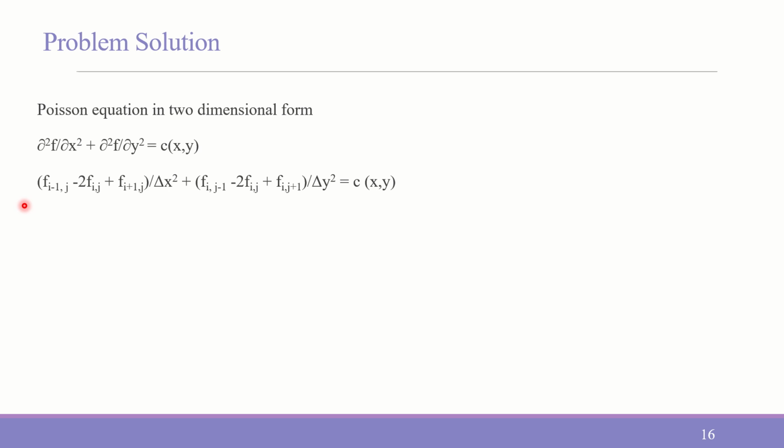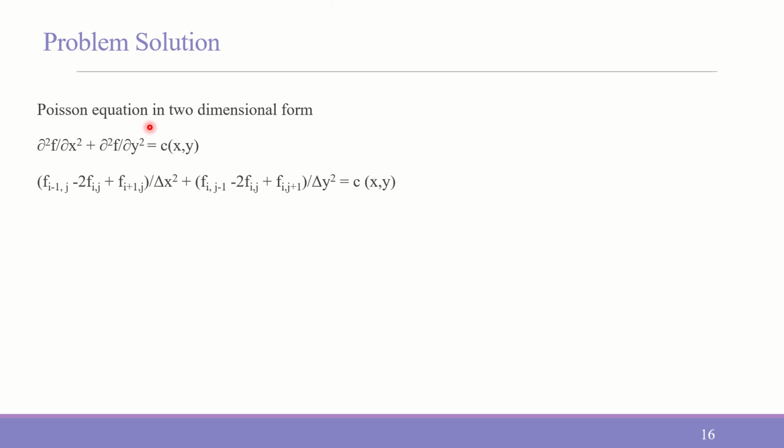Here we are varying in the x direction, here we are varying in the y direction, and this particular term remains constant. It is a variable, but we are not discretizing that. It varies with respect to x and y, but it will have certain values.